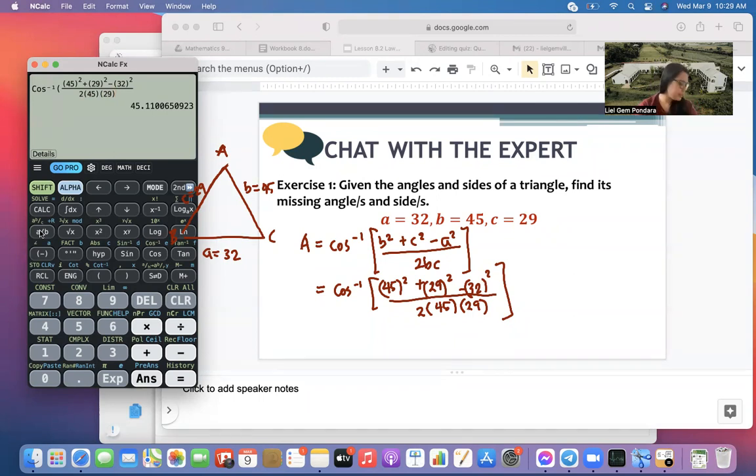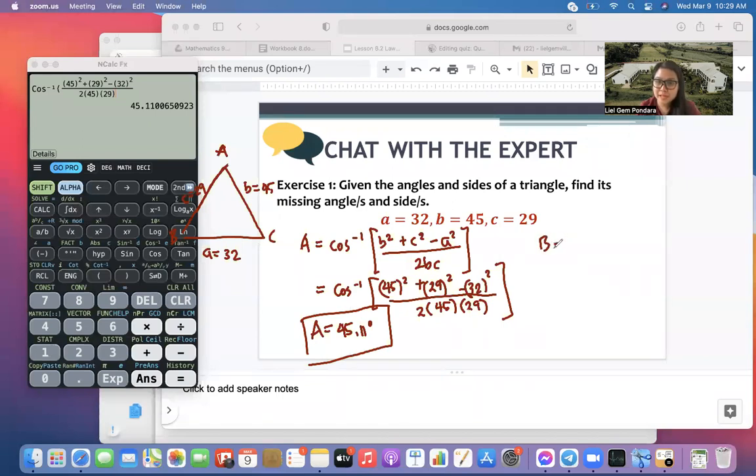There. Your calculator says there's no given angle yet, so we can write it in 2 decimal places. The answer is 45.11 degrees. That is for A. Next, let's solve for B.